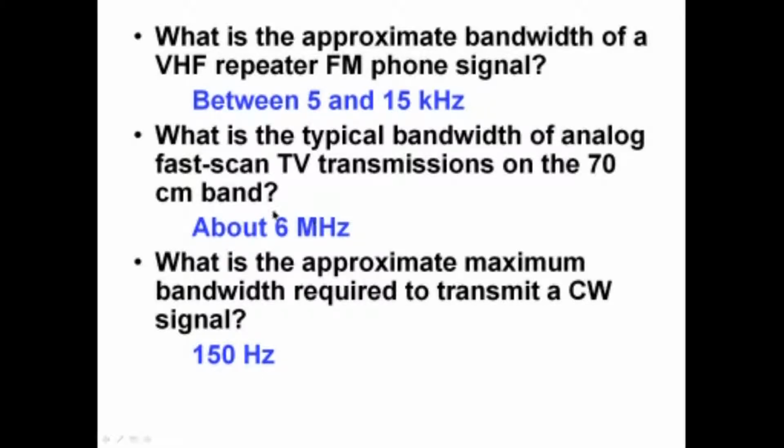Here we have voice at 5 kilohertz bandwidth. Here we're sending pictures. In fact, we're sending 30 pictures per second with fast scan television. We're using 6 megahertz of bandwidth. So we're using 1,000 times as much bandwidth to transmit that picture as we are here for the voice. Typical bandwidth of analog fast scan TV on the 70 centimeter band is about 6 megahertz.